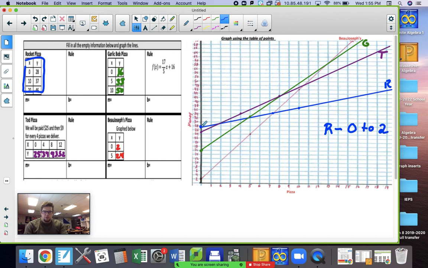Right there, that first range from 0 to 2, that's the best option. The minute you sell more than 2 pizzas, Rocket Pizza is no longer the best option. It actually switches.